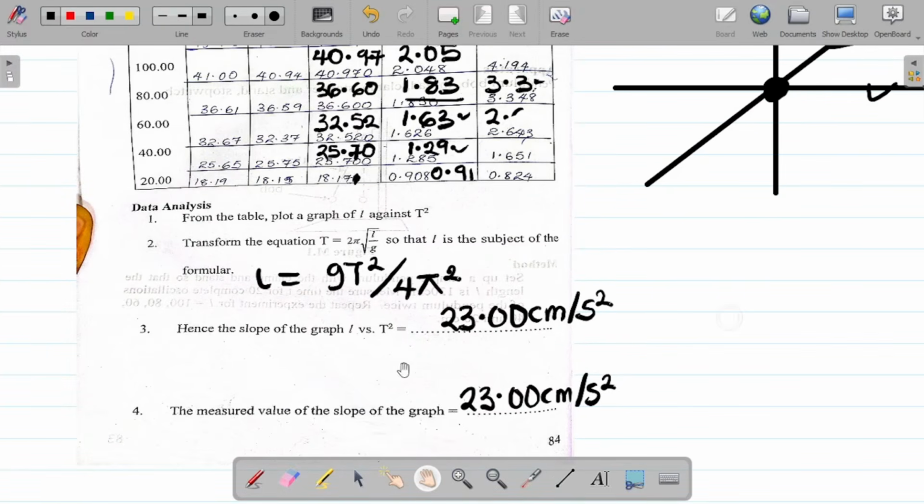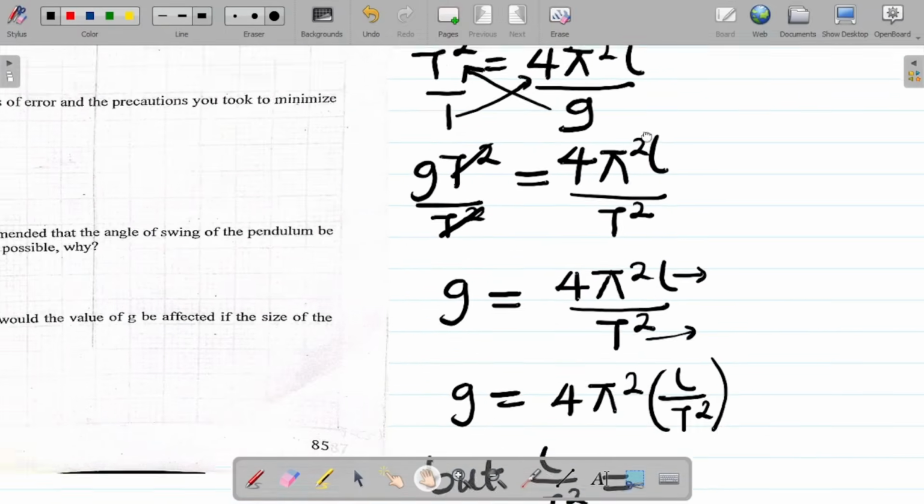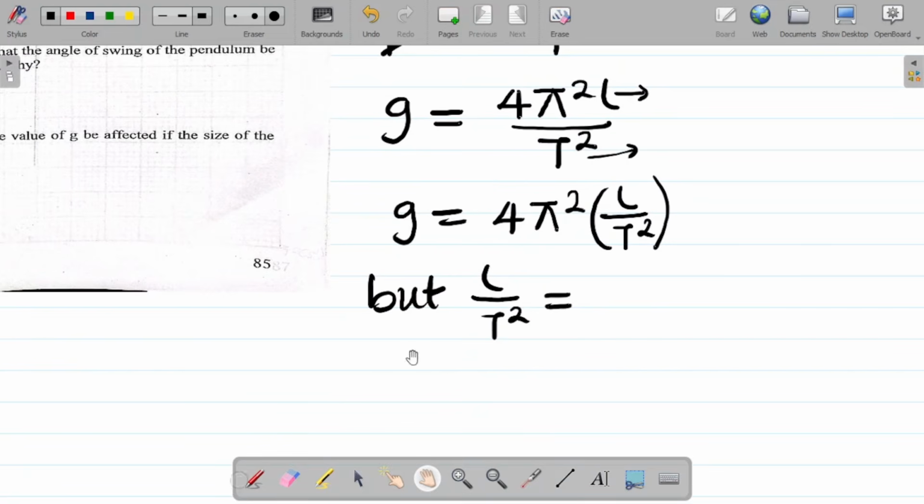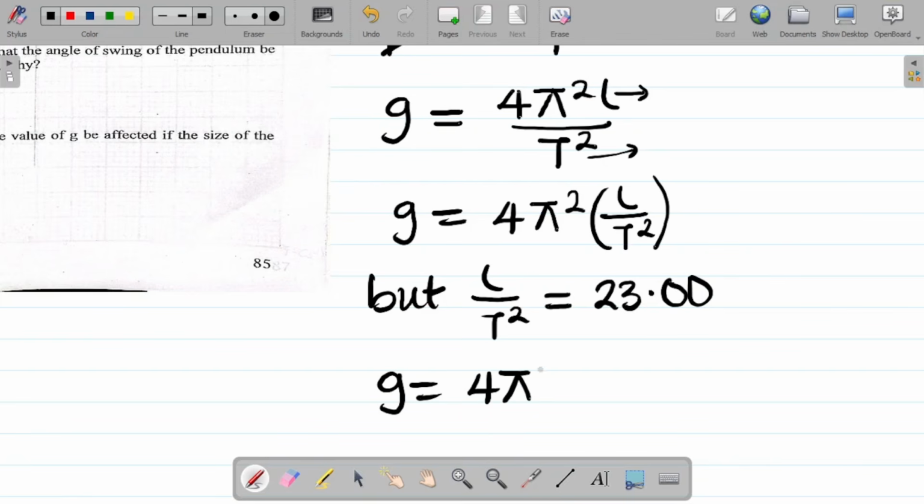So back to this. If you check, the slope of the graph was about 23.00. So I'll put this value back. You can leave the units for now. So G therefore is equal to 4 pi squared, and in place of this, I'll put the value of 23.00, which is same as 23.